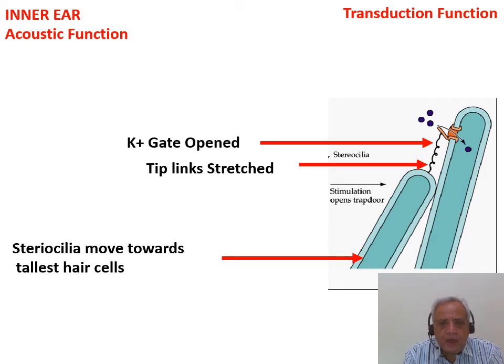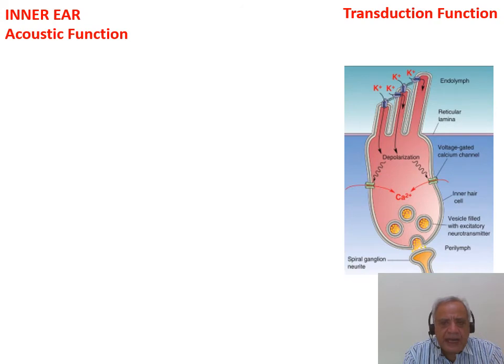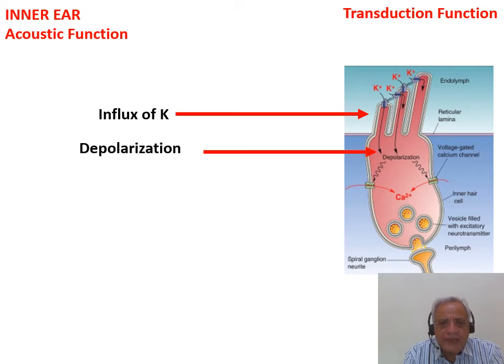Opening of this potassium gate will lead to the influx of potassium inside the inner hair cell, which will depolarize the hair cell.